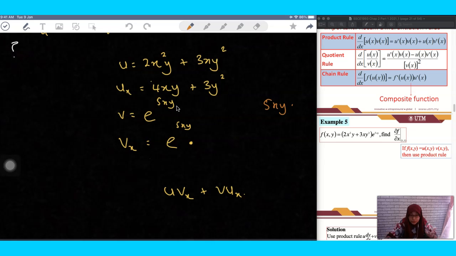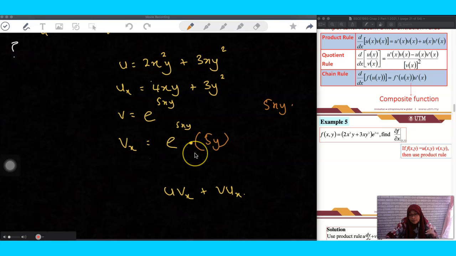Now we want to focus on 5xy. You want to differentiate the inner function, which means 5xy with respect to x. The y is constant. So what happens if you differentiate 5x with respect to x? You just have 5y. That is how you apply the chain rule.